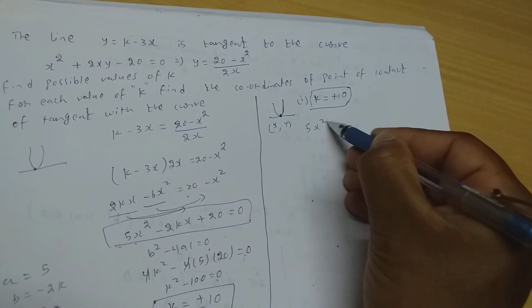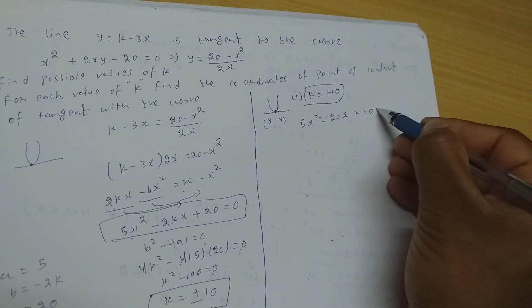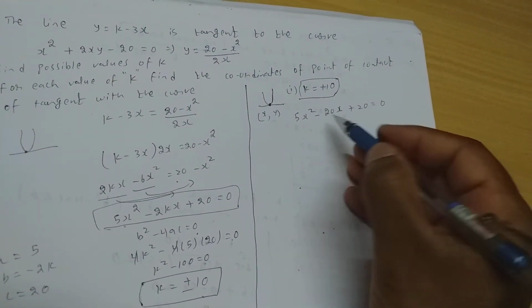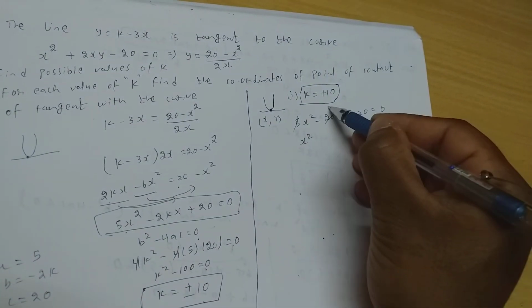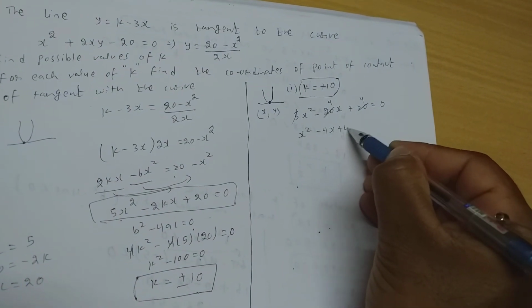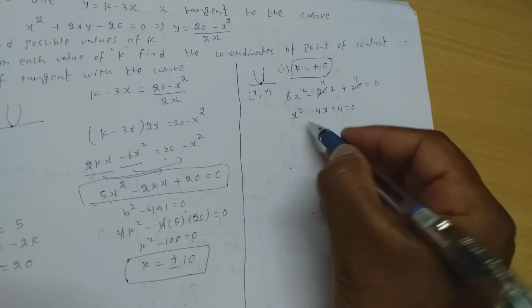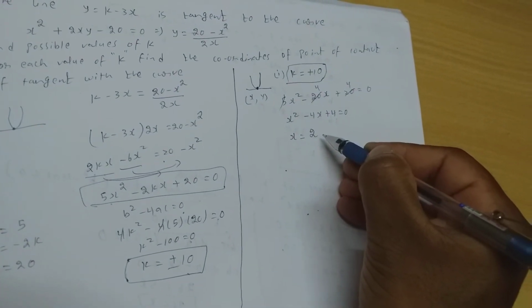So 5x square minus 2 into plus 10 will be 20x plus 20 equal to 0. Did we understand? Since each goes in 5 table, I cancel it. x square minus 4x plus 4 equal to 0. If I factorize, the value for x I get is 2.